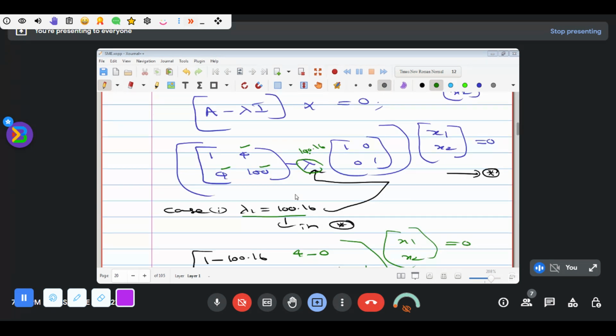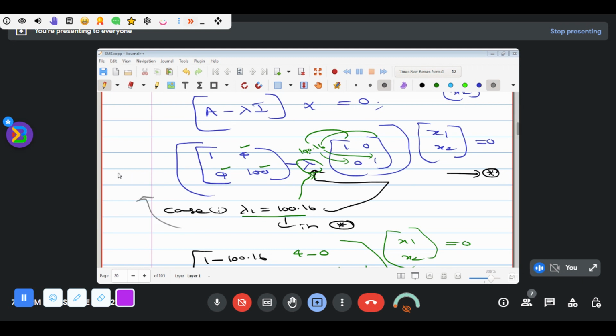Lambda 1 equal to 100.16, apply it here and multiply inside the bracket, here and also here. Then 100 into 1 is 100.16, and 0 into 100.16 is 0. One step I skipped, so no issues.